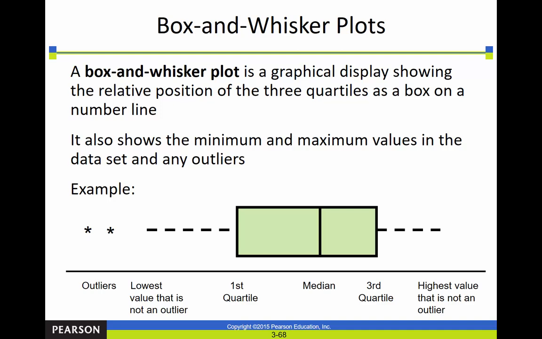And all you do is show the outliers way out on the ends. And then the whiskers stick out to the lowest and highest values that are not outliers on each side. And then the box shows the first quartile, the median, which is the second quartile, and the third quartile.